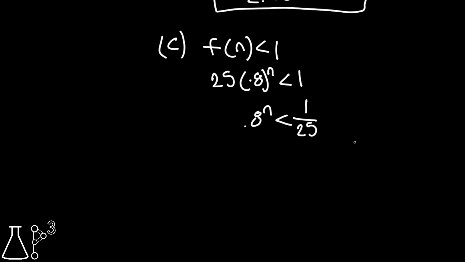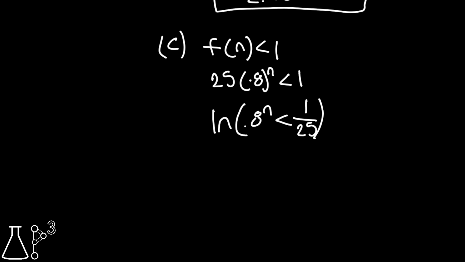So we know 0.8 to the n is going to be less than 1 over 25. Now, I'm going to show you an exact way to calculate this. I'm not sure if you've already learned how to do this, but what I'm going to show you is by using natural logs. Okay.